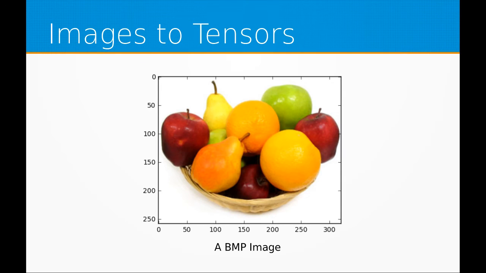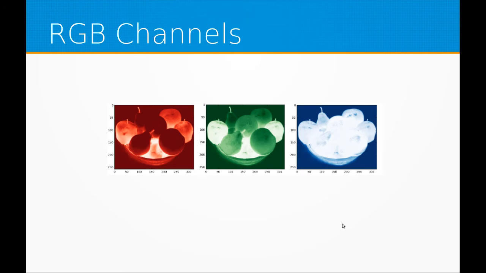So let's take a small example of how an image is represented as tensors. What you have here is a bitmap image, I guess a 270 cross 340 image. That means it has three colors, RGB, and it's of size 270 by 340. So let's split it out into channels.